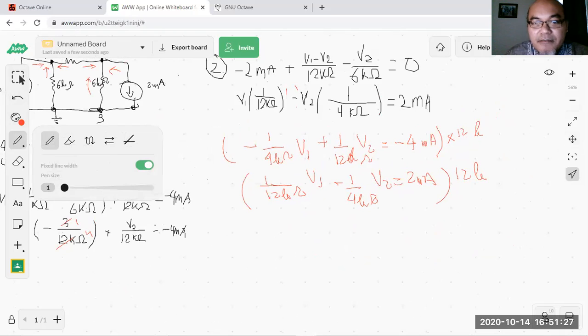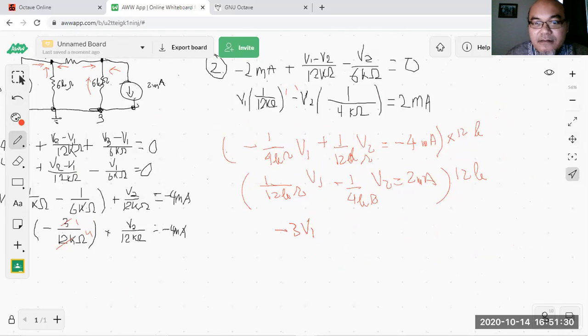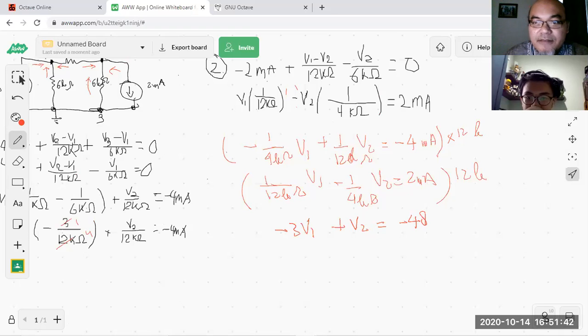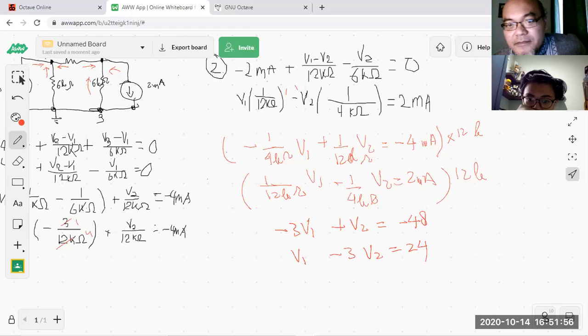So what happened then? This becomes -3 V1 plus V2 equals -48. Then this one becomes V1 minus 3 V2 equals 24. The units are ampere.